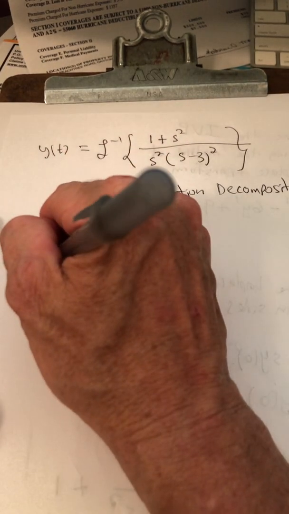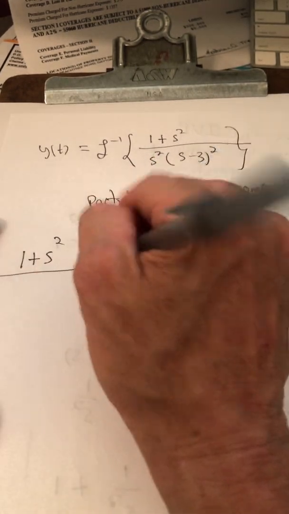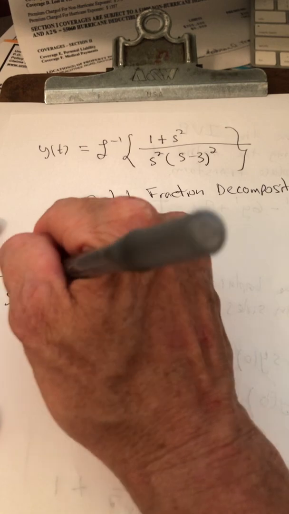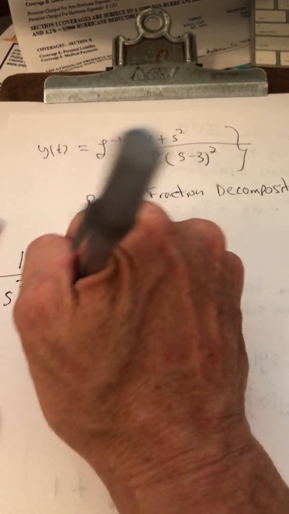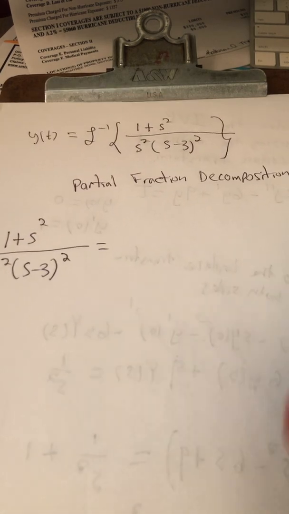So what ends up happening is this: we have 1 plus s squared over s squared times s minus 3, the quantity squared. The partial fraction breakdown is as follows.